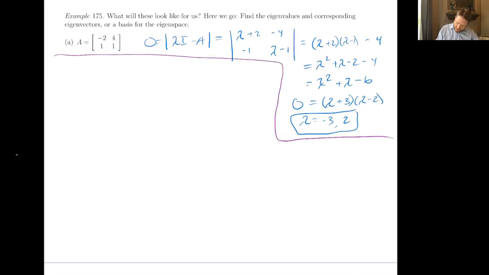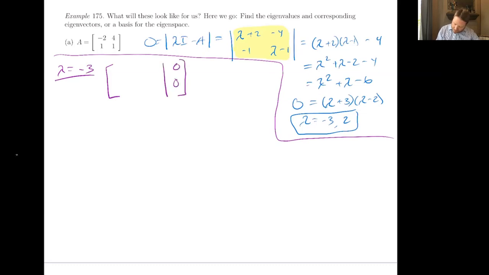Separate that from the rest. Keep in mind, I'm going to need this matrix right now, so put that in an accessible spot. So let's do eigenvectors for each of these. So lambda equals, let's start with negative 3 because I wrote it first. So I'm going to row reduce lambda I minus A on the left and 0, 0 on the right.